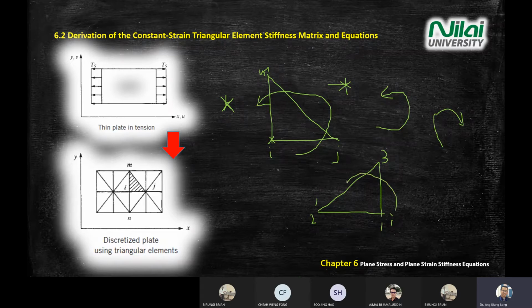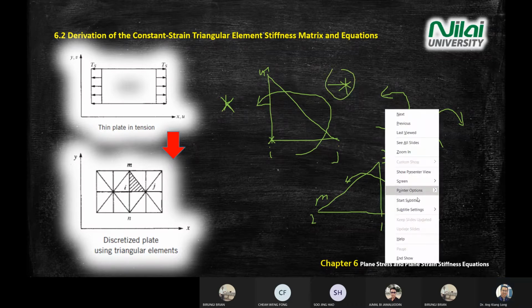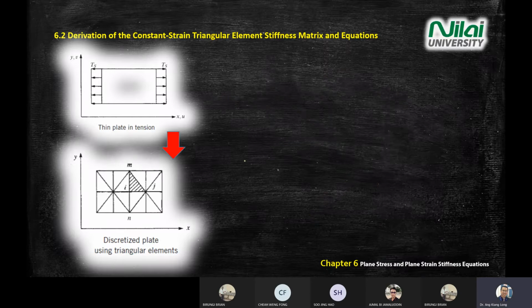It must be anti-clockwise numbering. So 0.1 will become I, 0.3 will become J, 0.2 will become M. Remember the numbering sequence is important before we move to a more complex equation. Once you understand this one, you're able to do it. Okay, IJM we covered already.